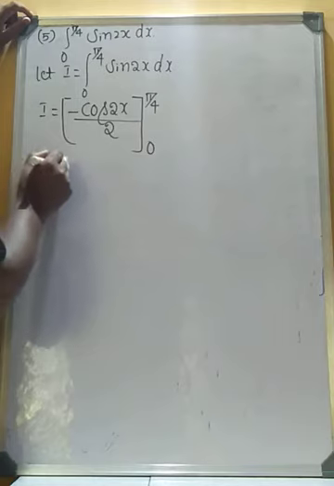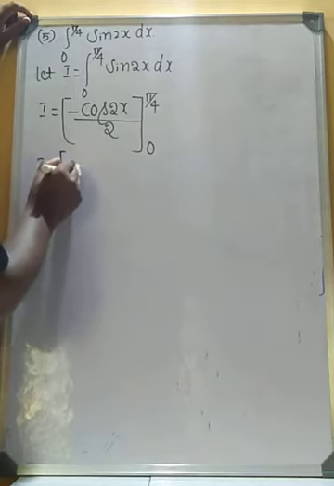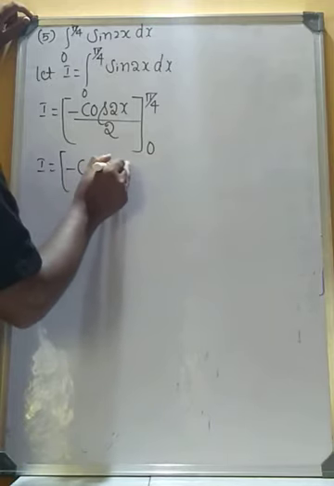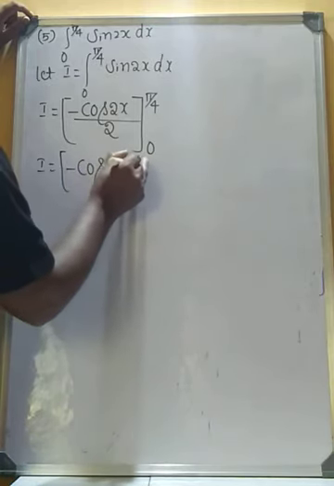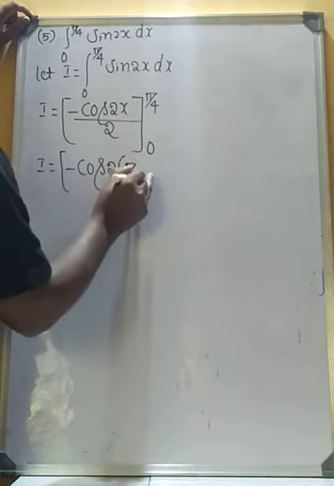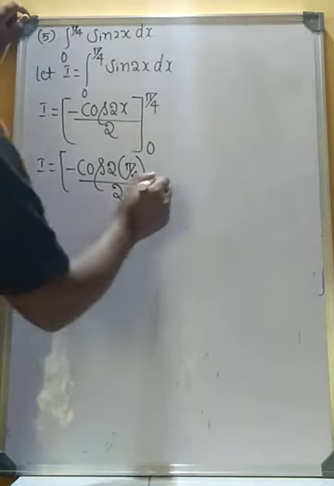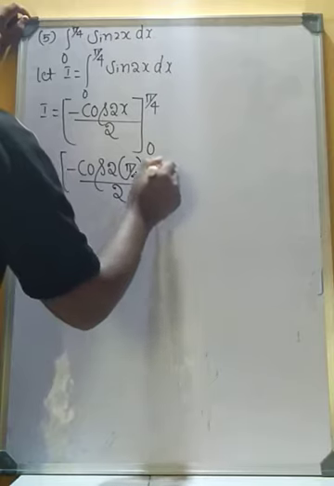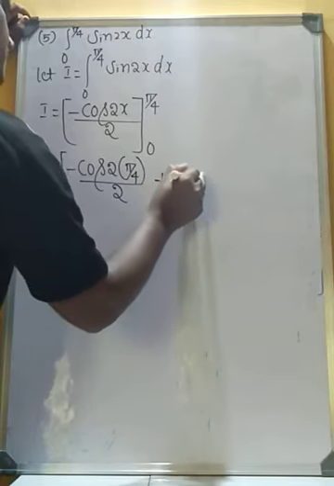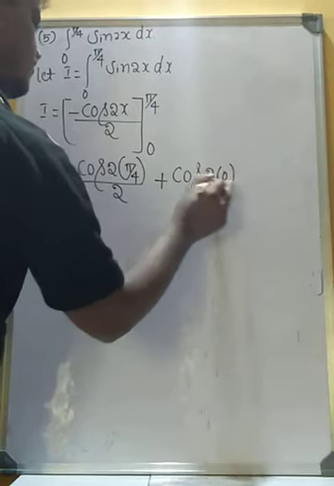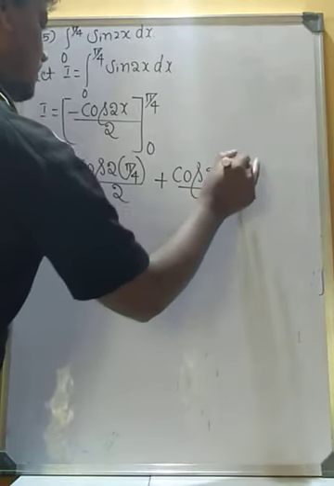Therefore I equals minus cos 2 into pi by 4 dividing by 2, minus of minus plus cos 2 into 0 dividing by 2.